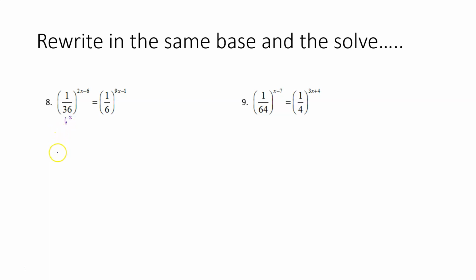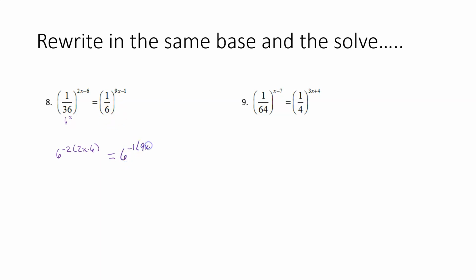So this, to start with, was 6 to the negative 2nd power. And then we're going to multiply that times the 2x minus 6. And then we know that this was 6 to the negative 1st power before we made it into a fraction.